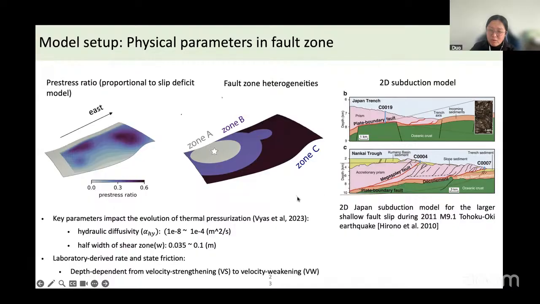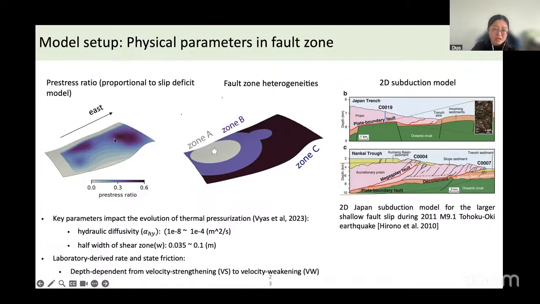It may have more fractures and more fluid, so it might involve more complex thermal hydro evolution in this part. That's why, besides the friction, we first assume the fault locking pattern from a slip deficit model.